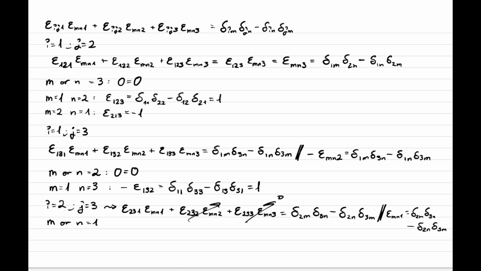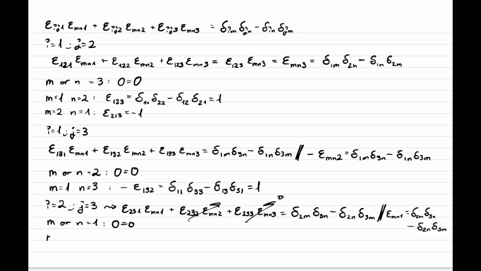I'm running out of space, but it's all the same. So now if m or n equals 1, we see here that we are going to have repeated indices everywhere, so this is all going to vanish. And if m or n is a 1, this is a repeated index, so this is also going to vanish. So we have again 0 equals 0, this is true.